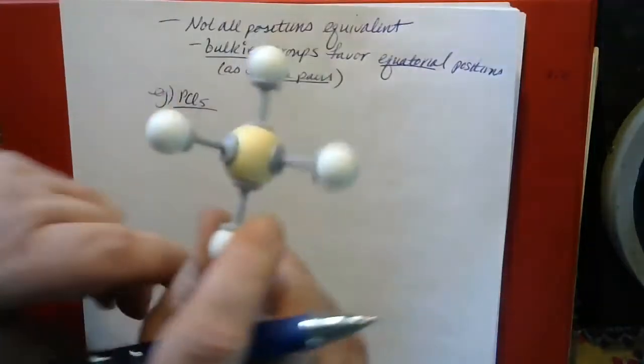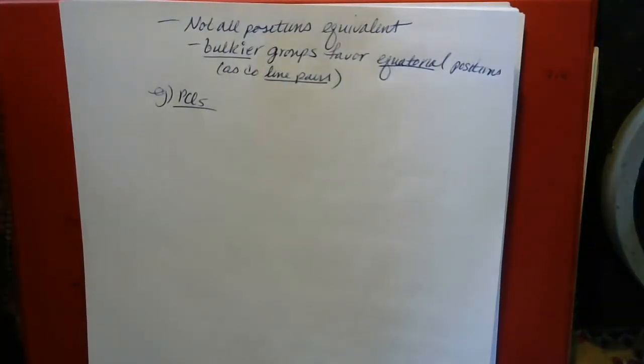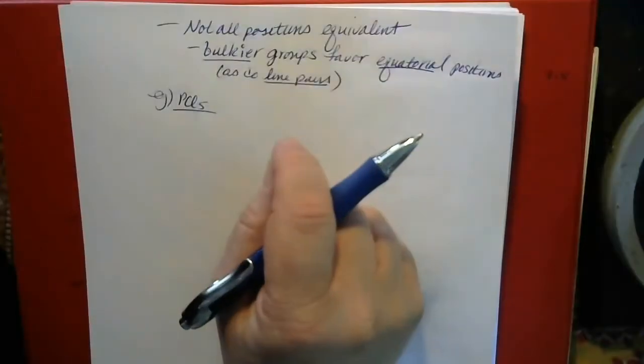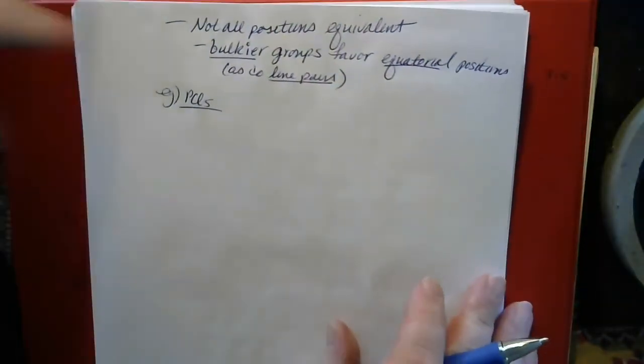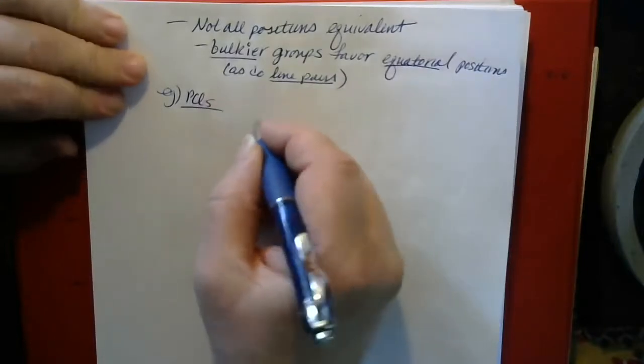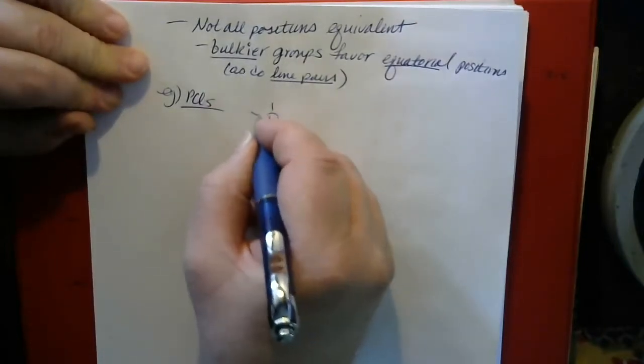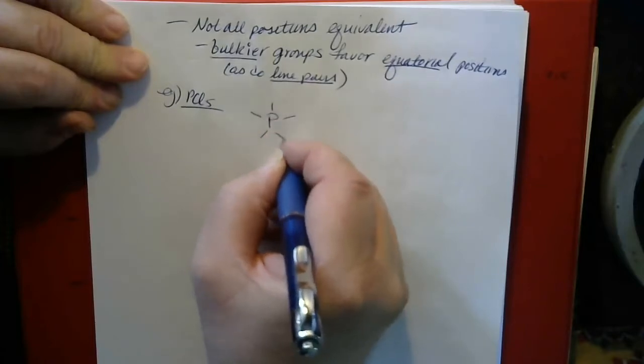And with this geometry, you can have some fun with it too. So a little levity to lighten up the mood. The way you can draw it, for PCl5, of course, we've got phosphorus, and we've got 5 chlorines around it.